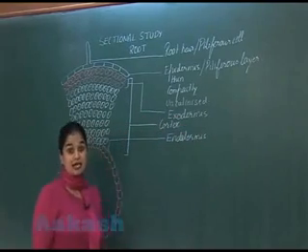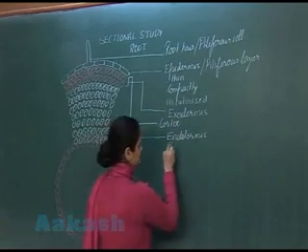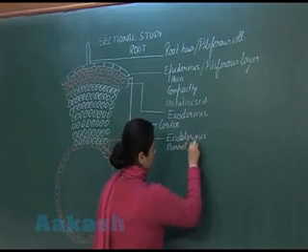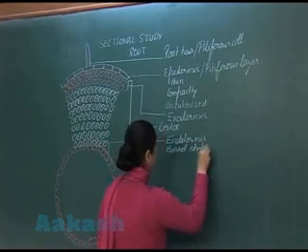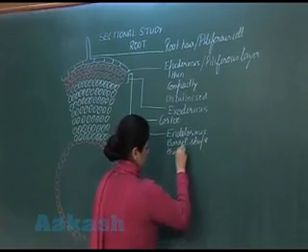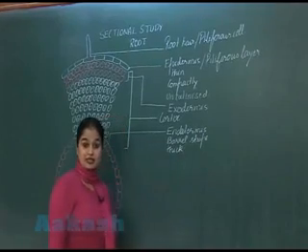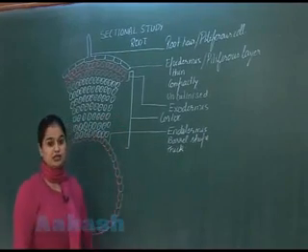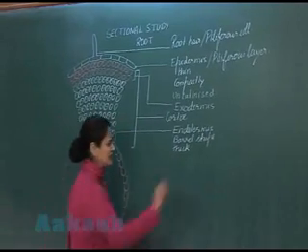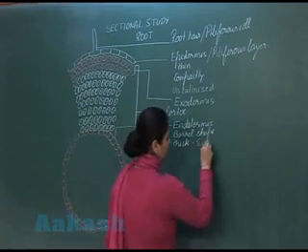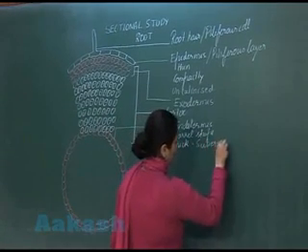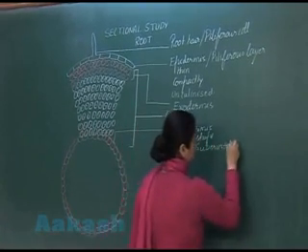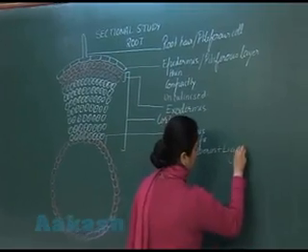The cells are thick, and the thickening present in these cells is of suberin. Along with the suberin, there is also presence of lignin.